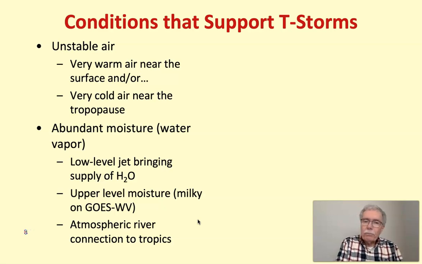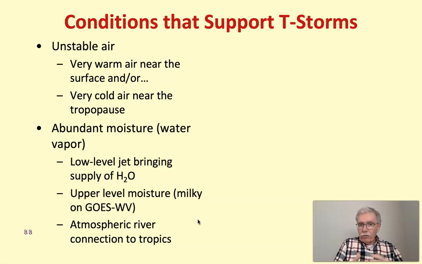Also, abundant moisture. Moisture is water vapor. Water vapor, when it condenses, it releases energy. And this can happen in a couple of ways. A low-level jet, usually around 850 millibars, brings a fresh supply of water vapor in from perhaps a water source, like the Gulf of Mexico or the Atlantic Ocean.